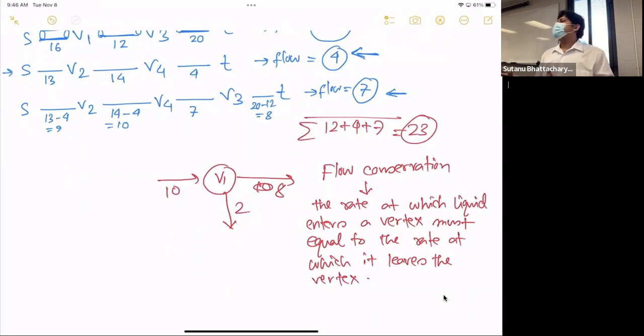So these are assumptions. So there is no traffic, there is no blocking in your pipe, there is no leakage in your pipe. These are some assumptions. Okay.